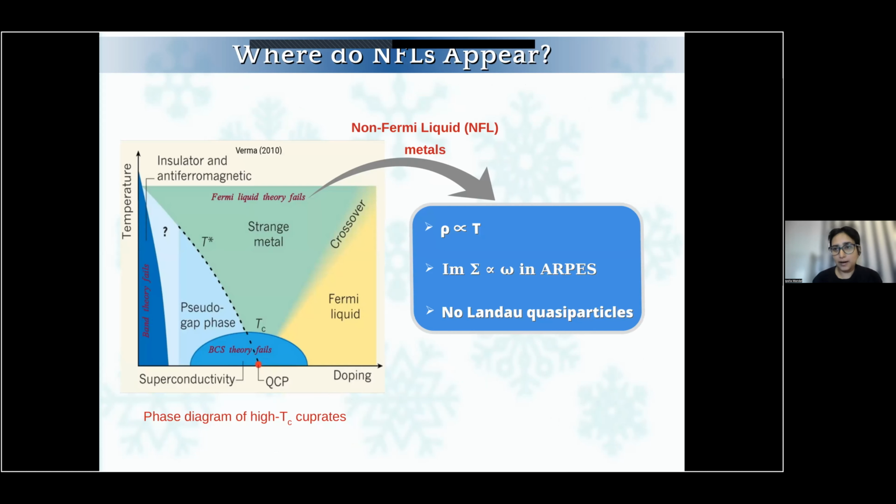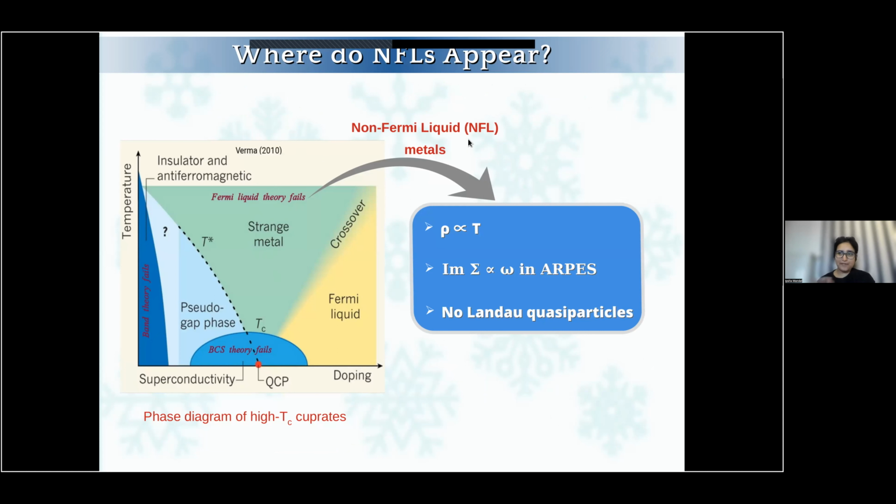Now, why should we be interested in these non-Fermi liquid systems? Do they appear in realistic materials? The answer is yes, they're quite ubiquitous. For example, whenever we look at the generic phase diagram of a high Tc material like cuprates, we find this strange metal regime, which shows non-Fermi liquid behavior.